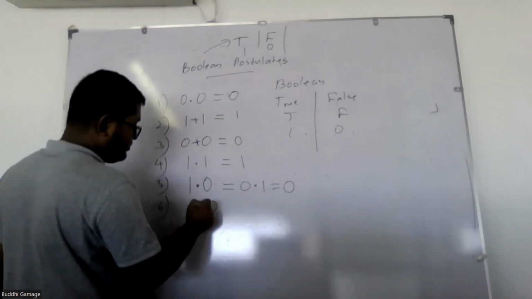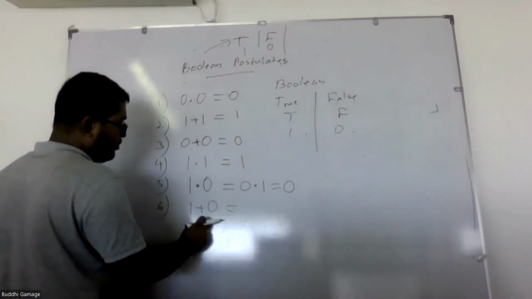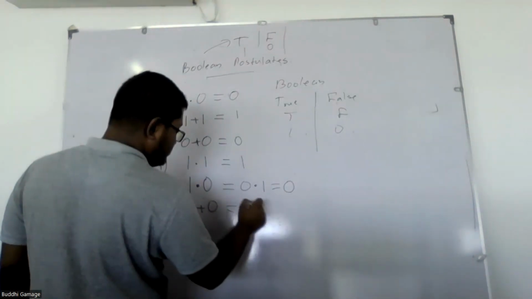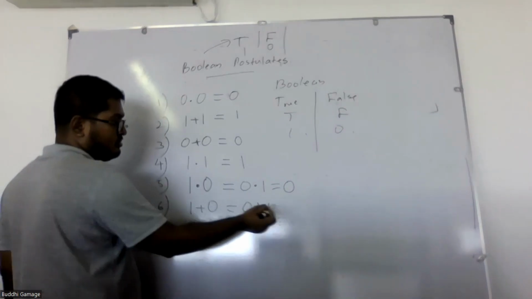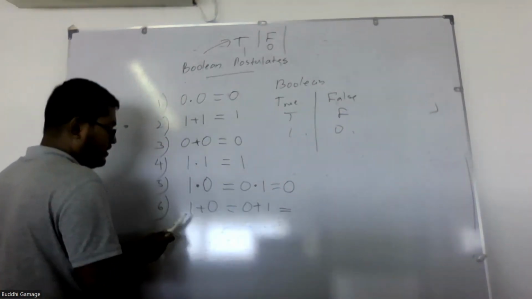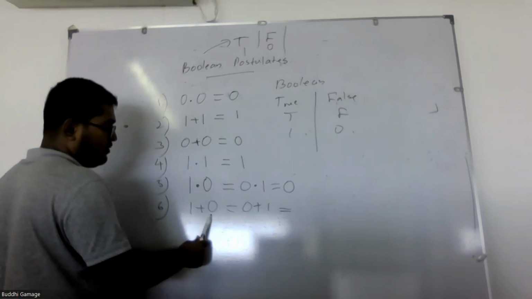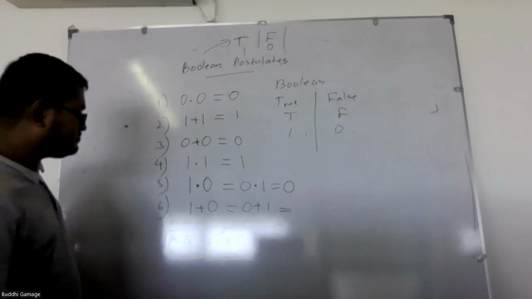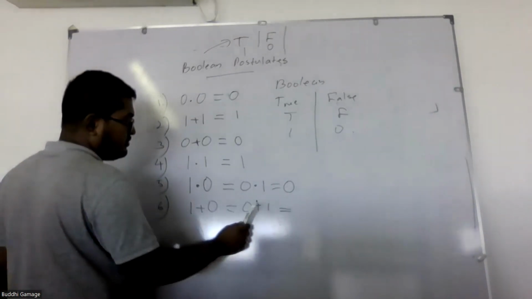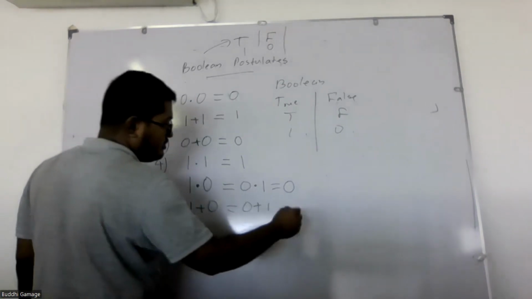Likewise, 1 plus 0 means true or false, or false or true. I will explain it again. True or false, or 1 plus 0 in Boolean, is equivalent to false or true.